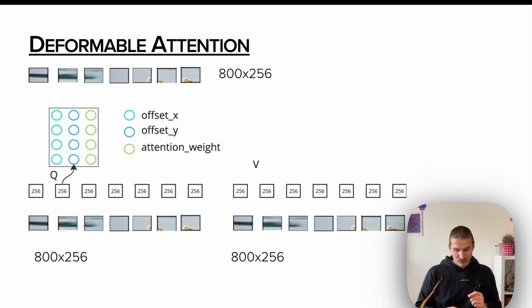And for every attention point, we're just going to compute the x and y coordinates of the offset and the actual attention weight. So this is the main difference to the normal attention. Apart from limiting the attention weights to just 4 points, independent of the sequence length, we also make them independent of keys, right?